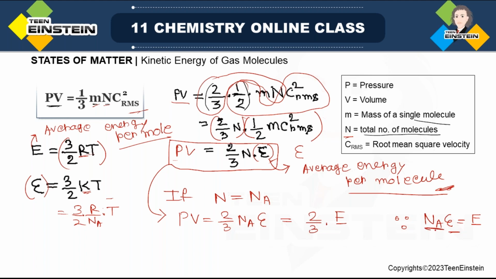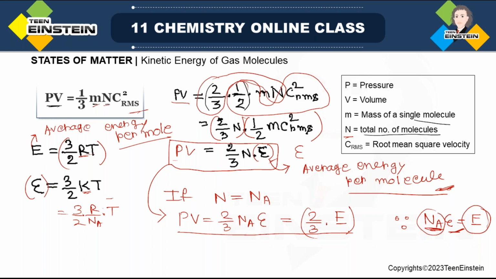When you have Avogadro number of particles, which is the number of particles in 1 mole, and you multiply it with the average energy per molecule, it will be equal to the average energy per mole. So PV is equal to 2 by 3 Na into epsilon, or PV is equal to 2 by 3 into E.